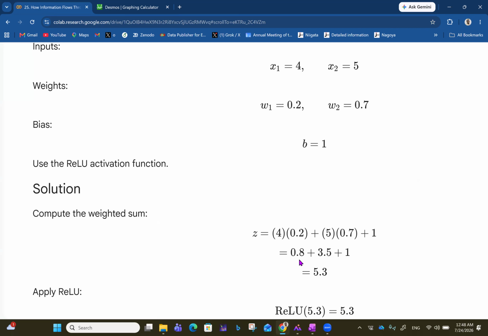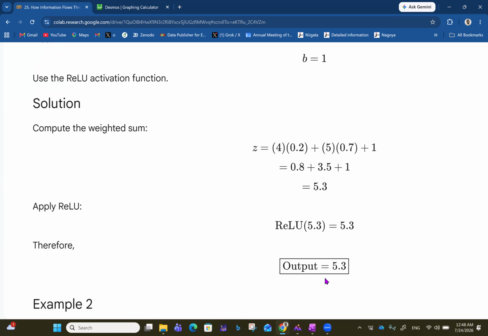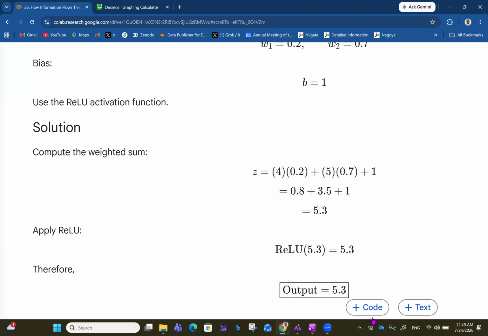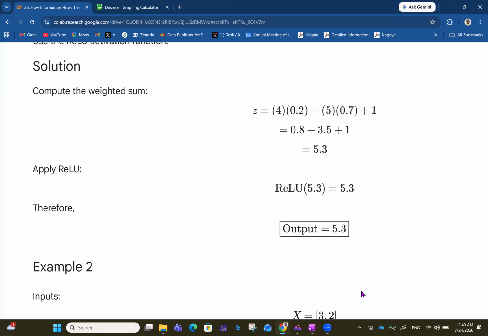So 4 times 0.2 is 0.8. 5 times 0.7 is 3.5. So 0.8 plus 3.5 is 4.3, plus 1, you have 5.3. If you apply the rectified linear unit, then ReLU of 5.3 is 5.3, because between 0 and 5.3, 5.3 is bigger. So the output you get in this case is 5.3 using ReLU.